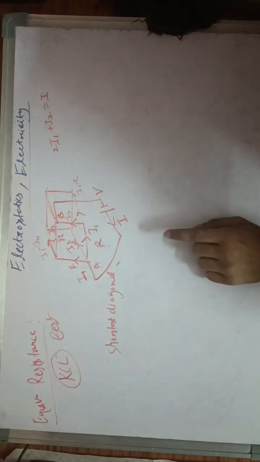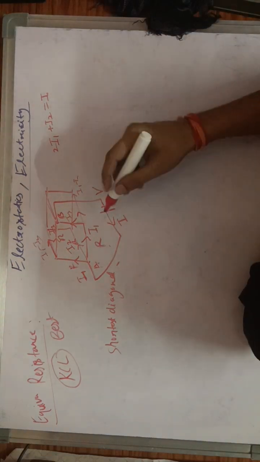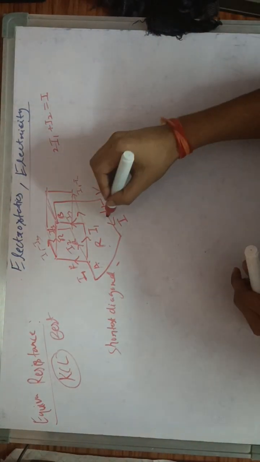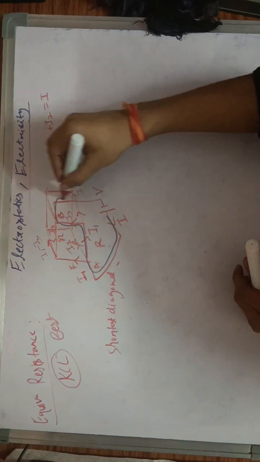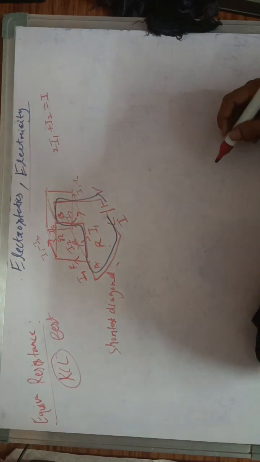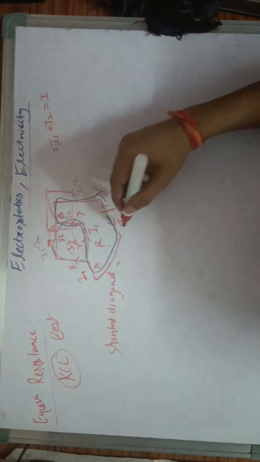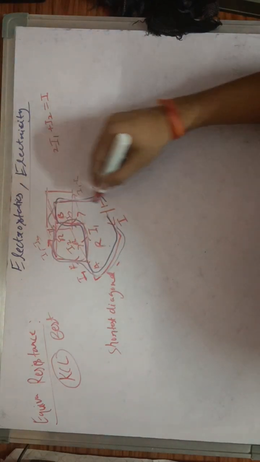Now we can apply KCL first across this loop, and then across this loop, and one more across this loop.